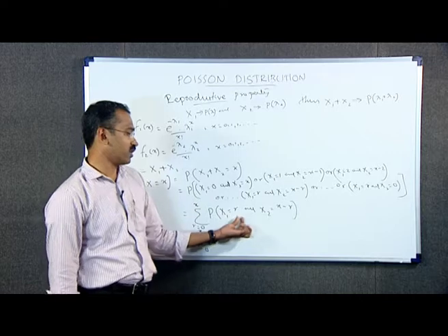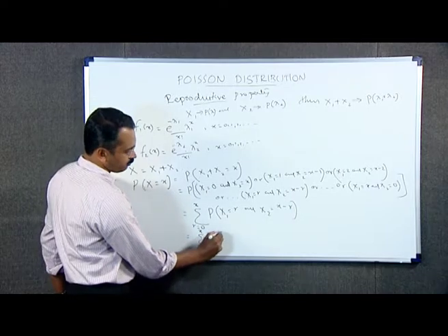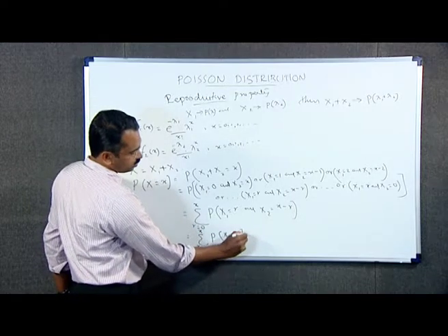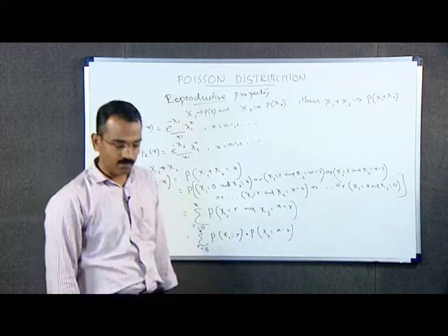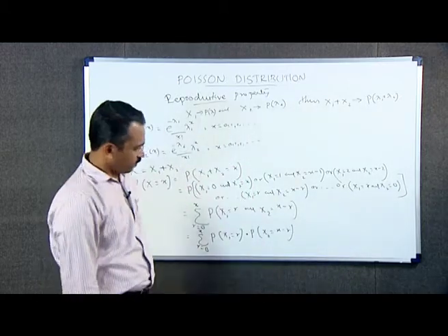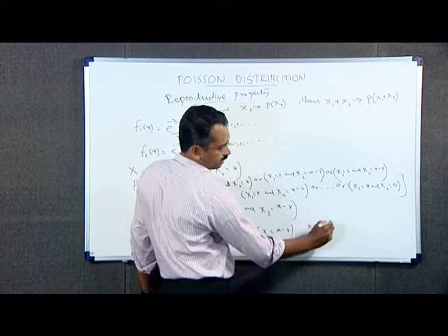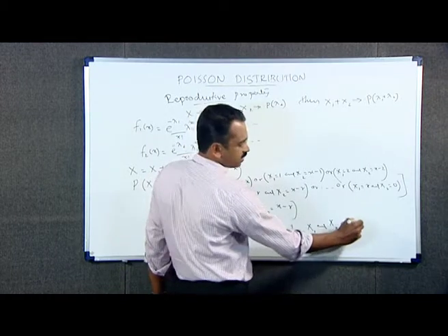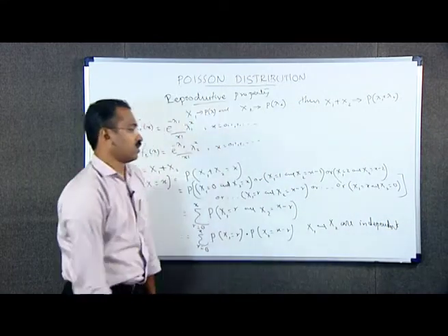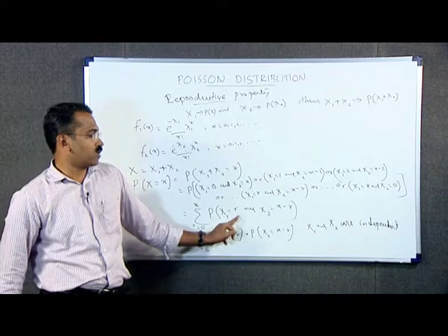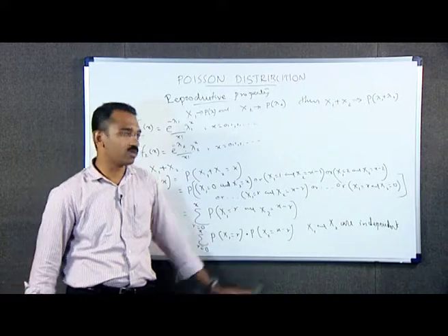Here the probability of x1 equal to r and x2 equal to x minus r means the probability of x1 equal to r into the probability of x2 equal to x minus r. We can write like this because x1 and x2 are two independent random variables. That is why we write P of x1 equal to r and x2 equal to x minus r as P of x1 equal to r into P of x2 equal to x minus r.